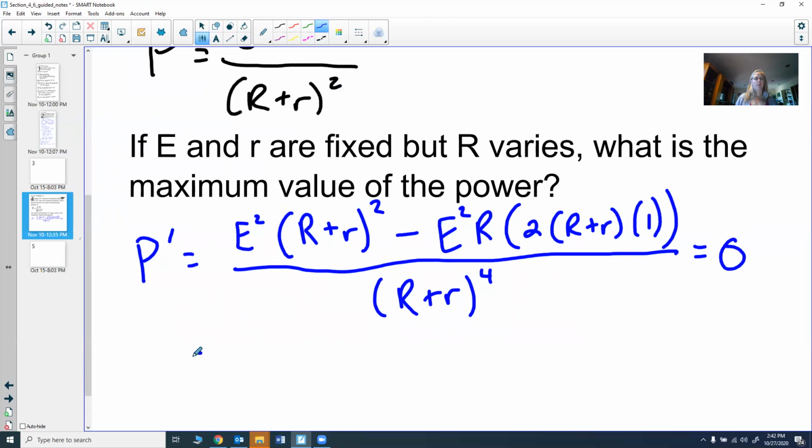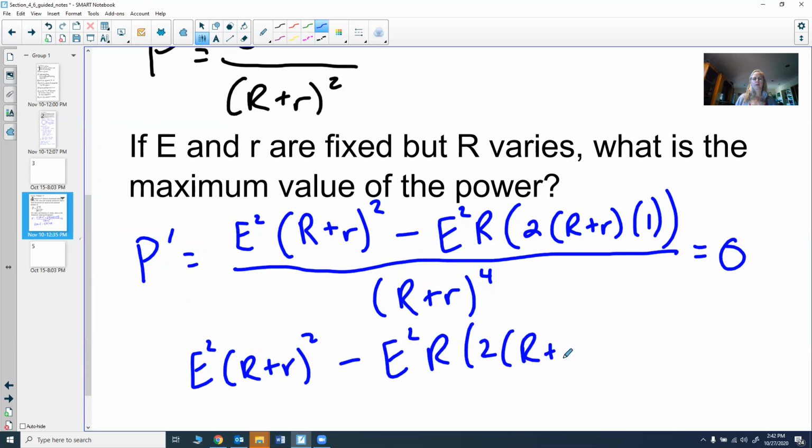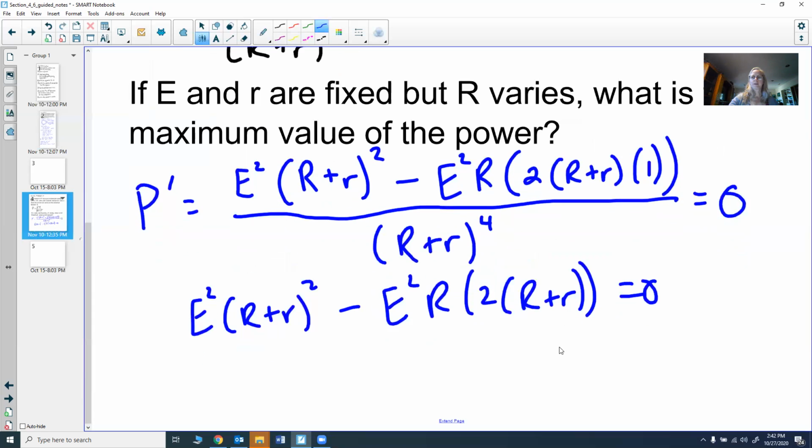That's going to equal 0 when the top, E squared times big R plus little r squared minus E squared times big R times 2 times big R plus little r, equals 0. So let's see if we can do a little bit of factoring here. I'm noticing there's an E squared in both terms. I'm noticing the big R plus little r in both terms.